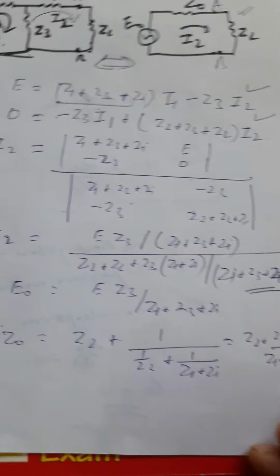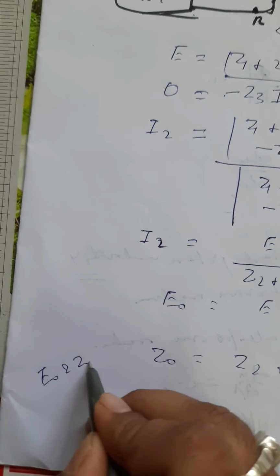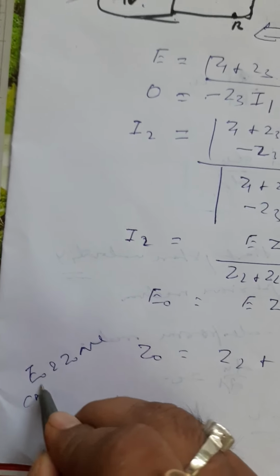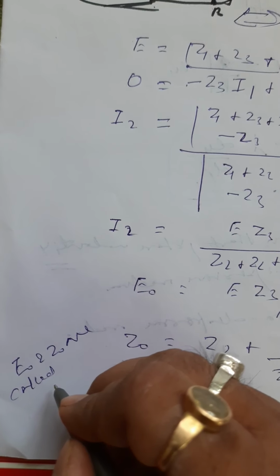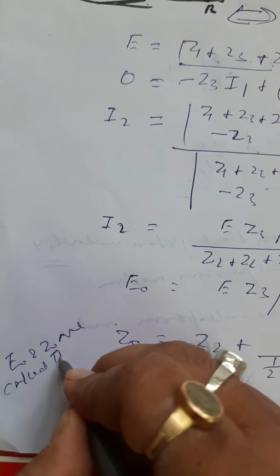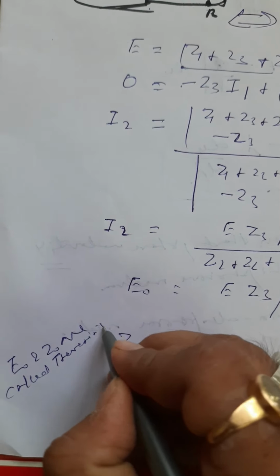Now E0 and Z0 are called Thevenin's components.